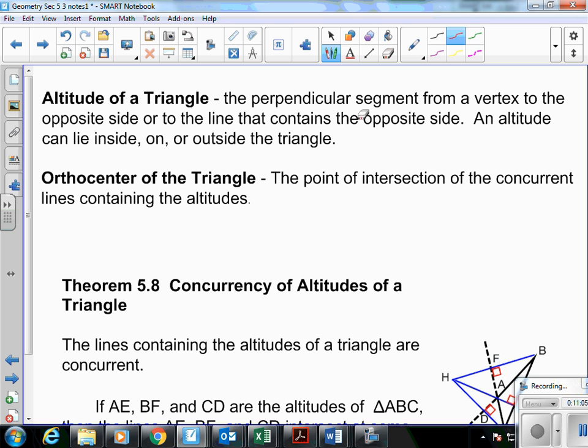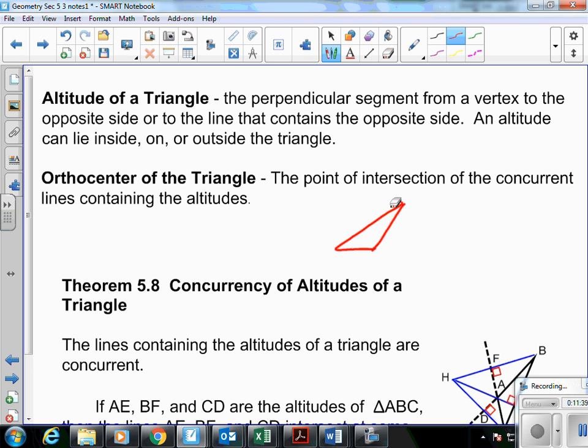So what this is saying is to go from a vertex to the opposite side and to be perpendicular to it, to intersect that opposite side at a right angle, sometimes you won't always be able to go to the actual side. Sometimes we may have to extend a side of the triangle. Make it a little bit more drastic.